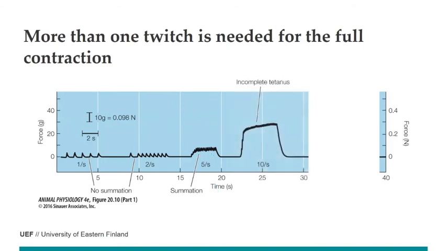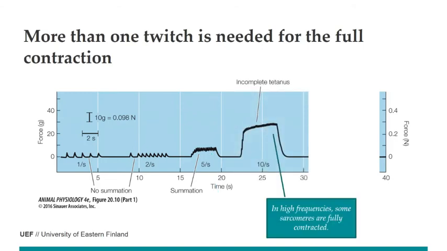And in high frequencies, some sarcomeres are now fully contracted, and this causes the force to be much higher and the line is quite steady. So there's not so much movement as in the previous, in the summation.